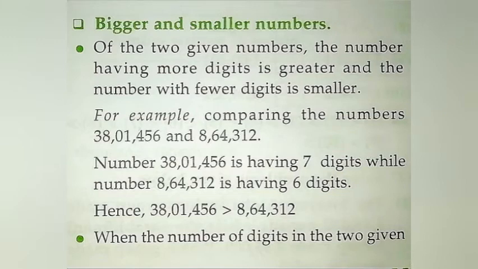When you read both together, you get to know which is 7 digits and which is 6, because the first figure was 38 lakh. It had lakhs and 10 lakhs places, and 8,64,312 had only lakhs. So by reading you get to know which is the 7-digit figure and which is the 6-digit figure, and also which is greater, because 38 is greater than 8.